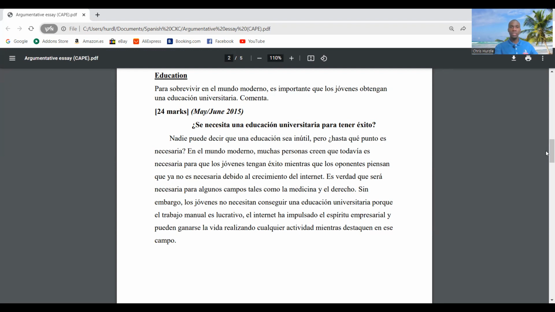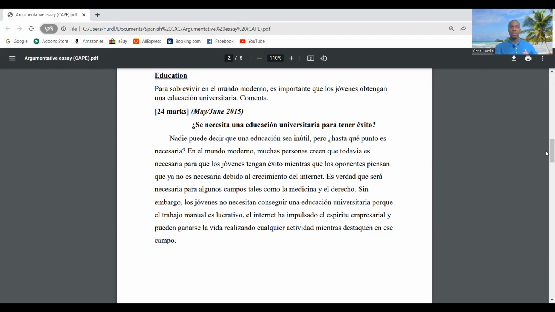En el mundo moderno, muchas personas creen que todavía es necesaria para que los jóvenes tengan éxito, mientras que los oponentes piensan que ya no es necesaria debido al crecimiento del Internet.